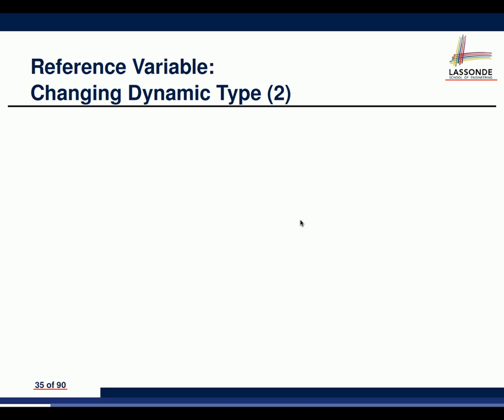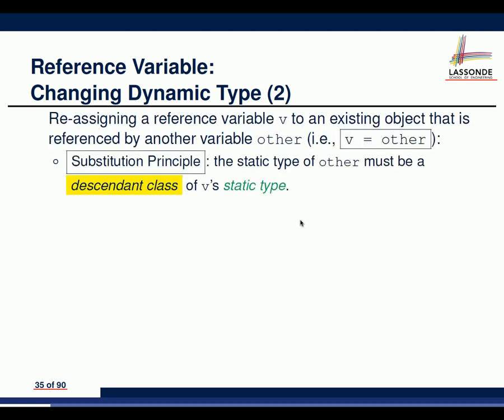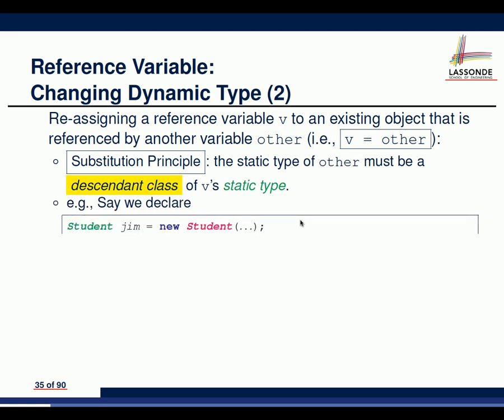Let's see. For example, let's see this. Let's just keep track of them without drawing a diagram. At this point, let's say after executing this line, what's the static type for Jim? Student. Good. What about dynamic type? Student, just the same. They can be the same.